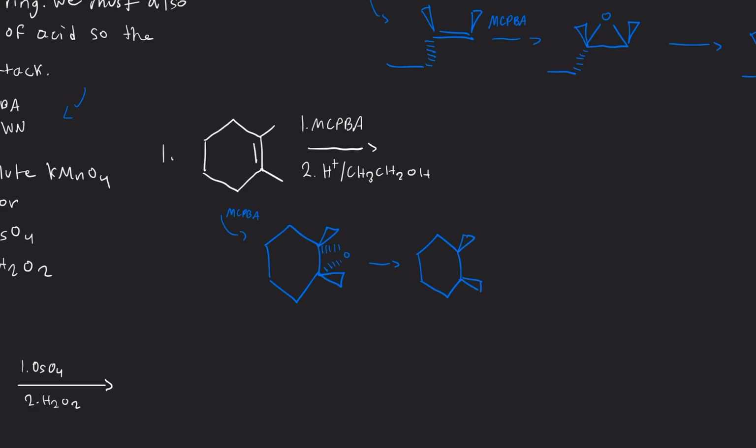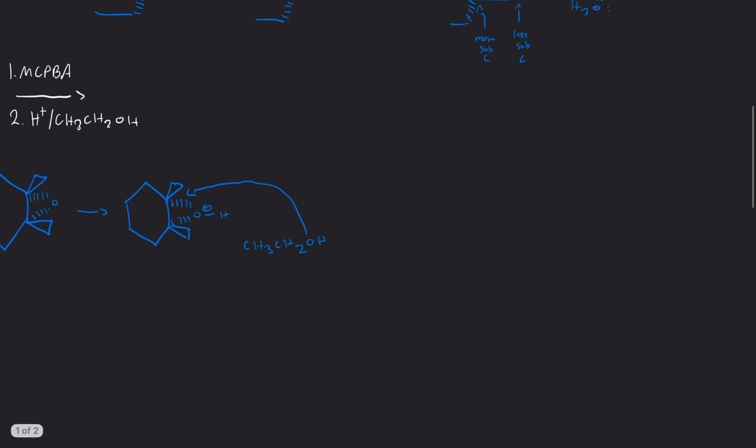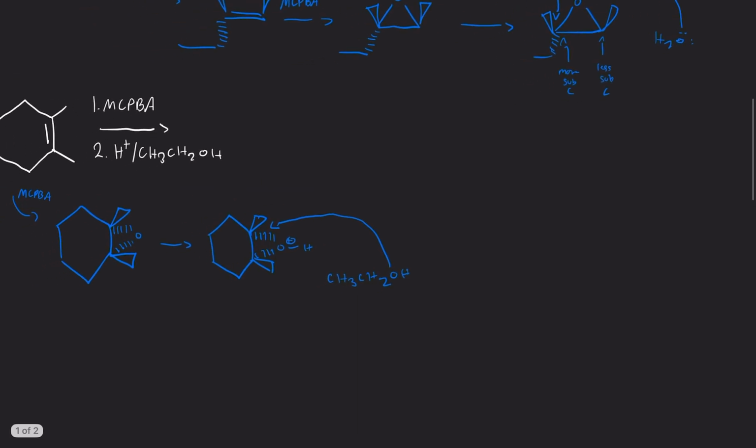And that acidic hydrogen is going to attach to our ring, our oxygen here, giving a positive charge. And finally, our weak nucleophile, which in this case is CH3CH2OH, is going to come and attack the more substituted carbon. And both carbons are equally substituted, so we're just going to attack either one. And our final product is going to look something like this.